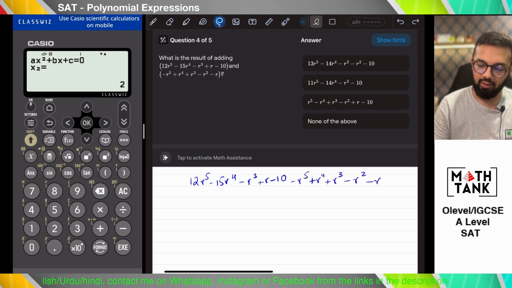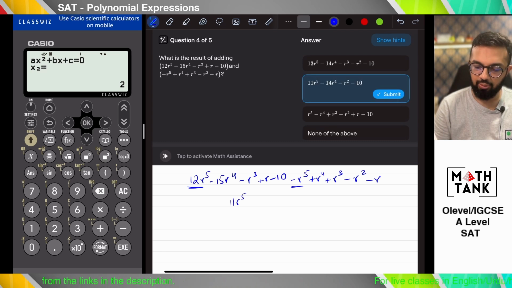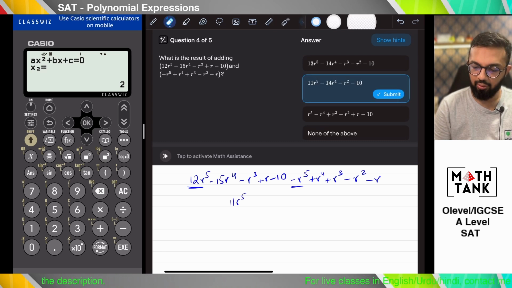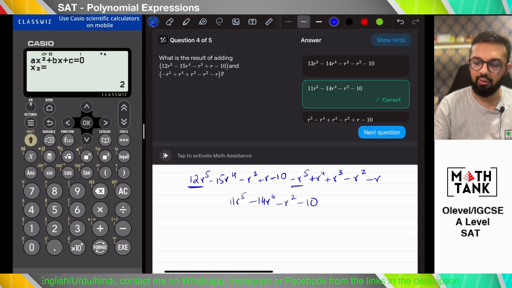Okay, I don't know where that went. Okay, so let's just do this right now. It's 11r^5, so maybe that's an answer option, but since there's none of the above, I'm going to calculate all of them. Minus 14r^4, then r cubed vanishes, and I have minus r squared. r also vanishes, and minus 10.